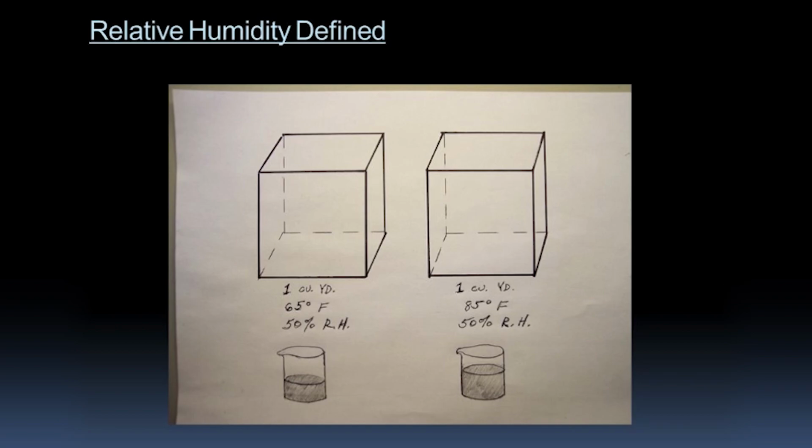So if the vapor in each cube could be condensed and contained in a beaker as liquid water, there would be less water in the beaker representing the lower air temperature on the left, even though both units of air are at 50% relative humidity.